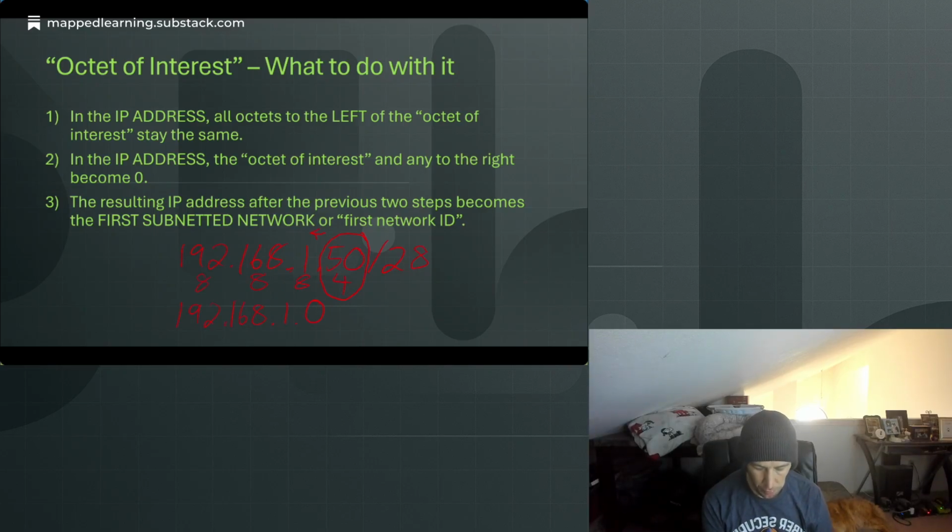Number 3, the resulting IP address after the previous two steps becomes the first subnetted network, or first network ID. So this right here is the network ID, the first subnet. Every network has a network ID, and this address with the 1.0 is the first network in that series of networks.